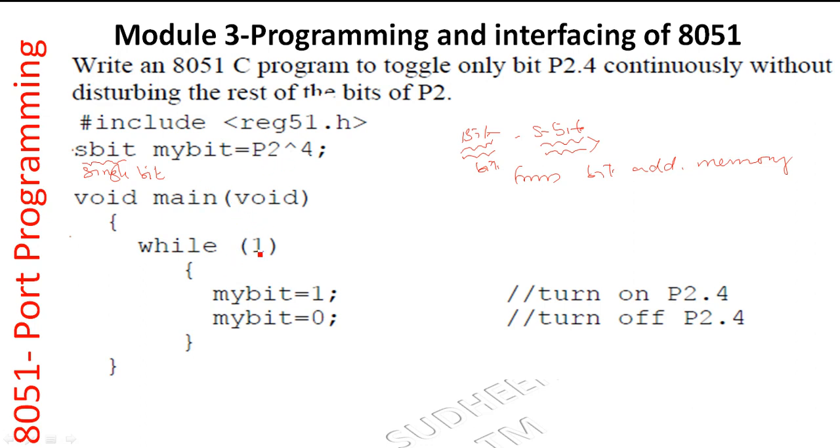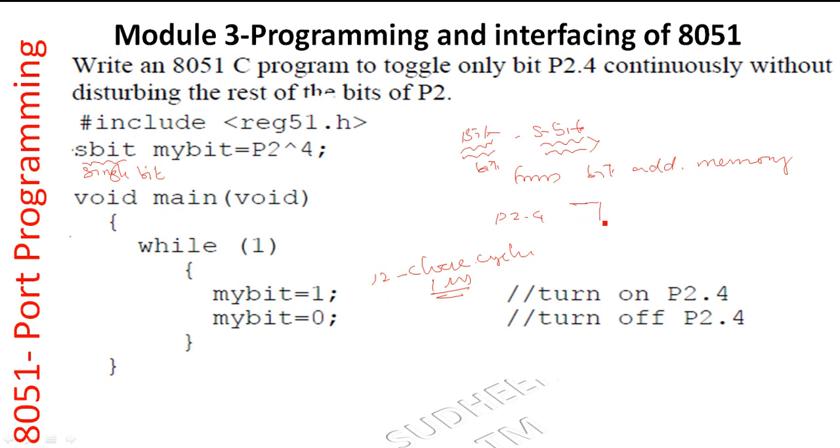Then the main program, while true. Forever it will check. First we assign mybit equal to 1. So P2.4 will keep logic 1. Then after one machine cycle, we discussed this machine cycle in yesterday's class, so after 12 clock cycles, or around 1 microsecond, what will happen? mybit becomes 0.